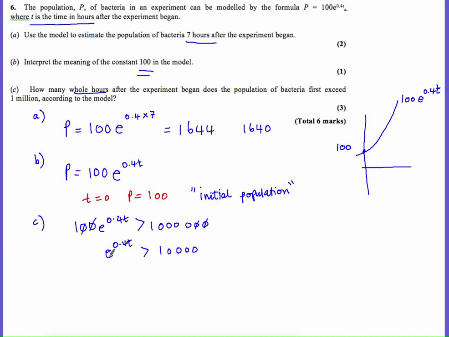And to get rid of this e thing, remember this is log base e, or on your calculator you see it as ln. You can type in log to the base e if you want, or you can use your ln button.